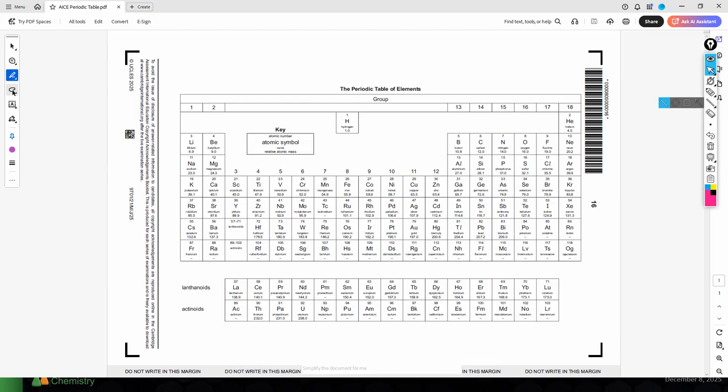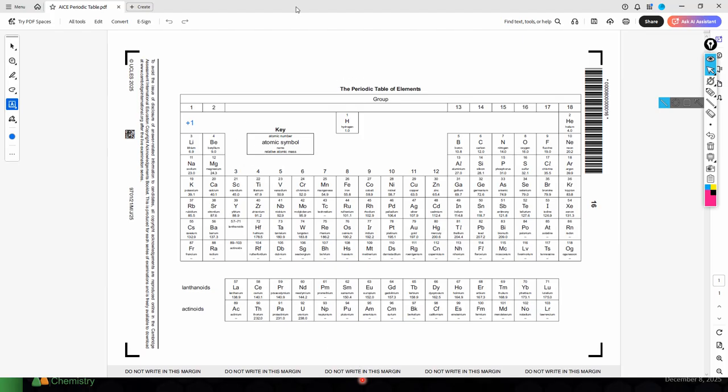So, for example, elements in our first column are always going to have a +1 oxidation number. So anything in group 1, lithium, sodium, potassium, rubidium, cesium, francium, is always going to have a +1 oxidation number.